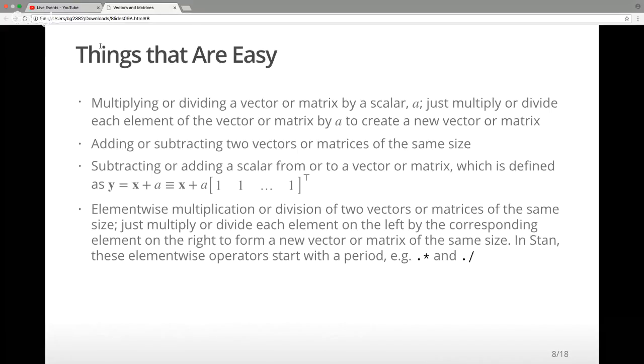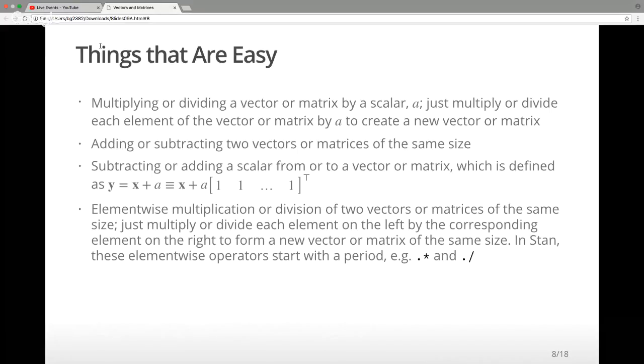Also easy, perhaps deceptively easy, is element-wise multiplication or division of two vectors or two matrices that are all the same size. You just do what you were doing with addition and subtraction. You take each element of the container on the left, apply the multiplication or division operator with the corresponding element of the container on the right to form a new vector or matrix that has the same size as the two vectors or two matrices that you did the element-wise multiplication or division with.